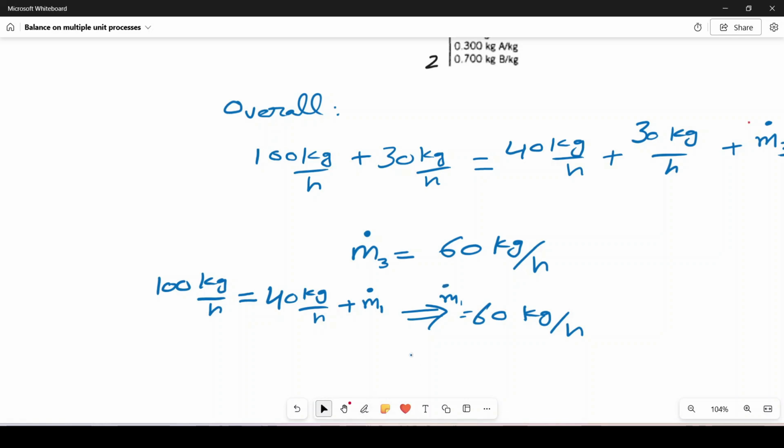After that you can apply a balance on a species.